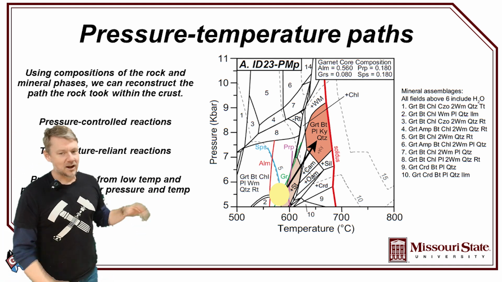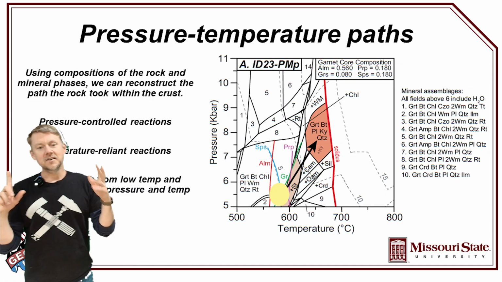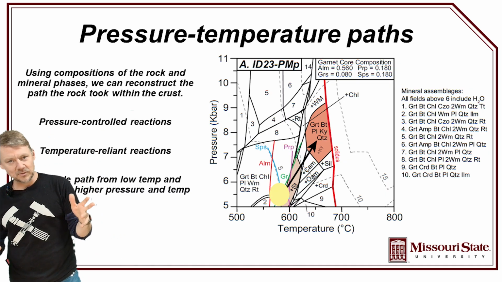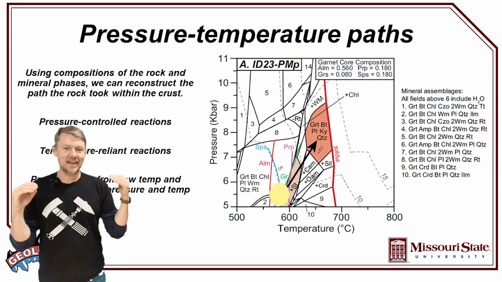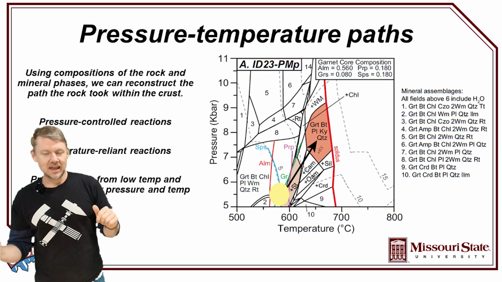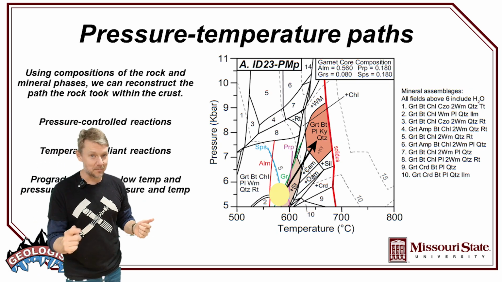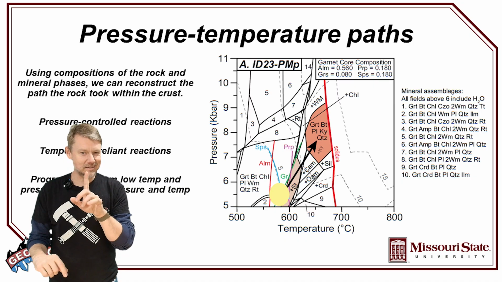So how do we calculate the pressure and how do we calculate the temperature? There's a couple ways. The most common way to do it is we rely on reactions that are pressure insensitive to give us the temperature, and we rely on reactions that are temperature insensitive to give us the pressure. All right, here's an example. Stick with me.